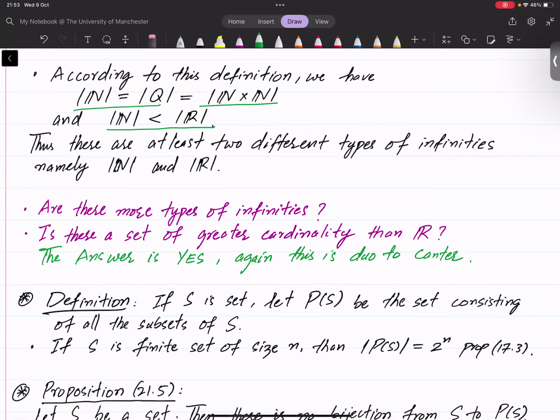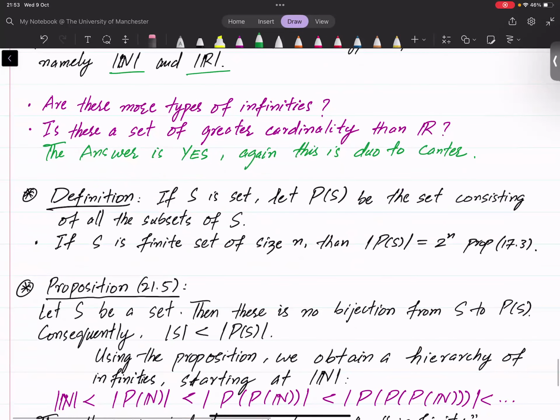Thus, there are at least two different types of infinities, namely the cardinality of N and the cardinality of reals. Are there more types of infinities? Or is there a set of greater cardinality than reals? The answer is yes again.